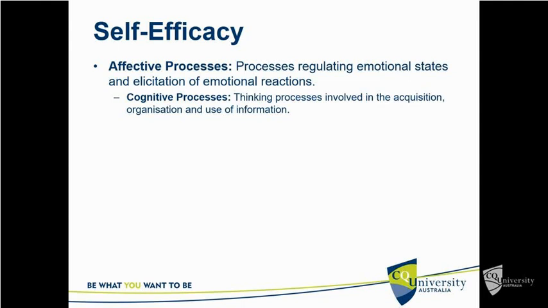These are what we do when we're trying to do something and we're thinking about it. It's deliberate. It's not subconscious. So the cognitive process is required in the acquisition, and then the organisation and the remembrance and the use of information. Now that will happen while we're doing this unit, but it happens at work all the time.